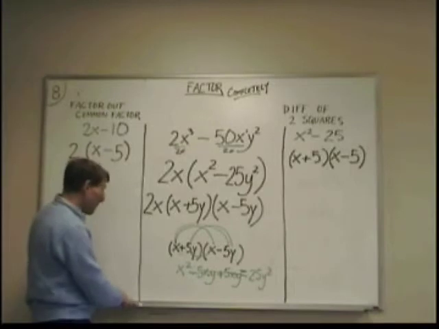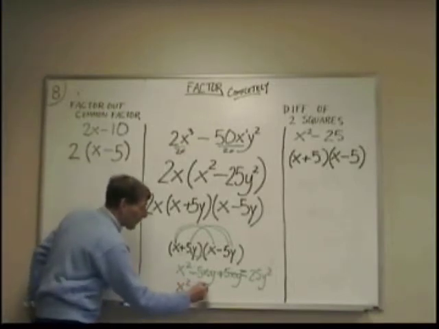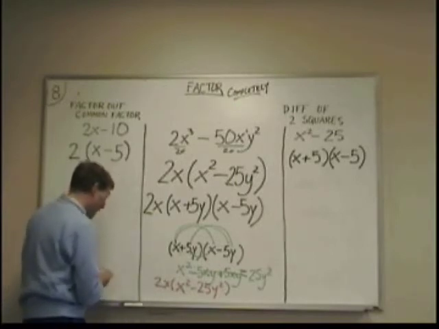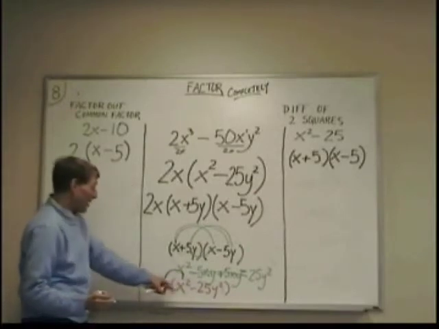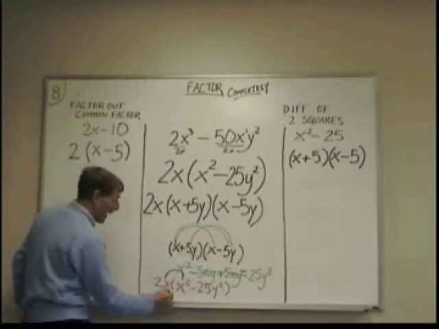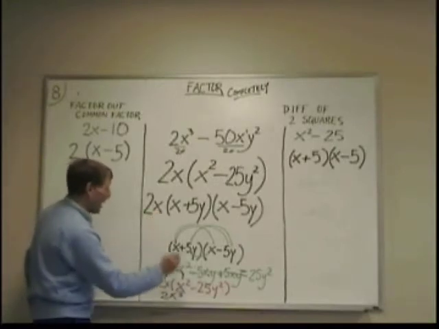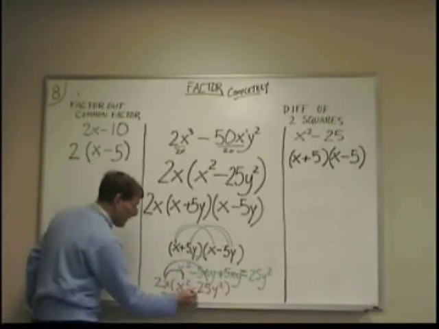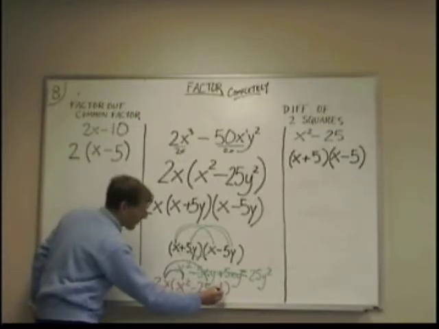If I multiply those, which I had left, the x squared minus 25y squared, by the 2x that I pulled out, and I multiply that, let's use blue, 2x times x squared is 2x to the third, and 2x times 25y squared would be 50xy squared.